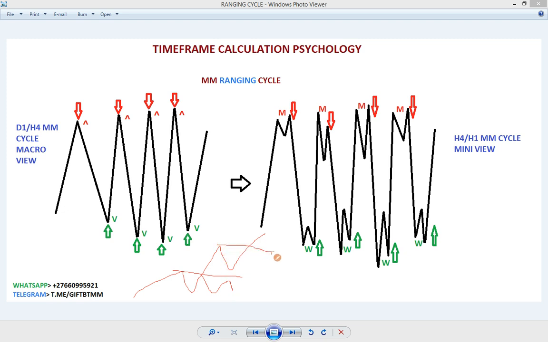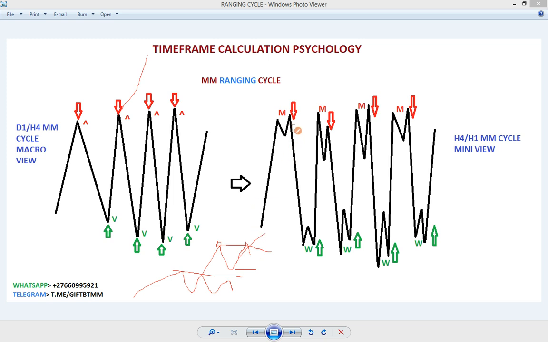I gave you an example: if this is H4, you have a buy here, just like in this example, and you're expecting the market to break even, but it came out on the previous high where you expect the market must break, and it didn't break.